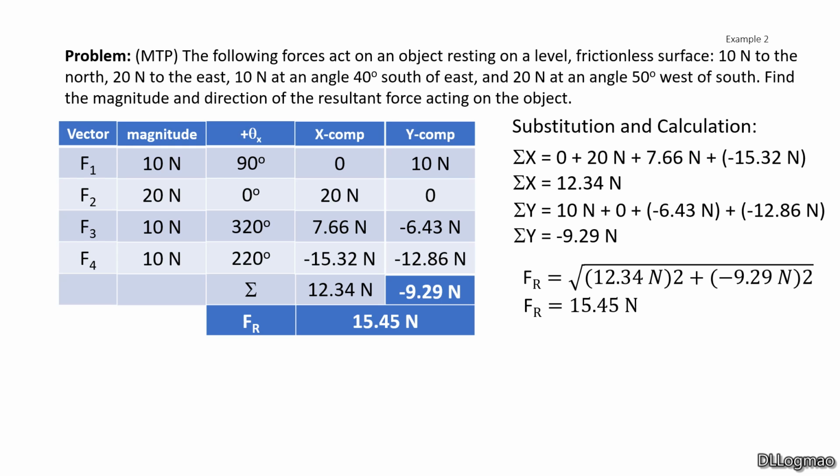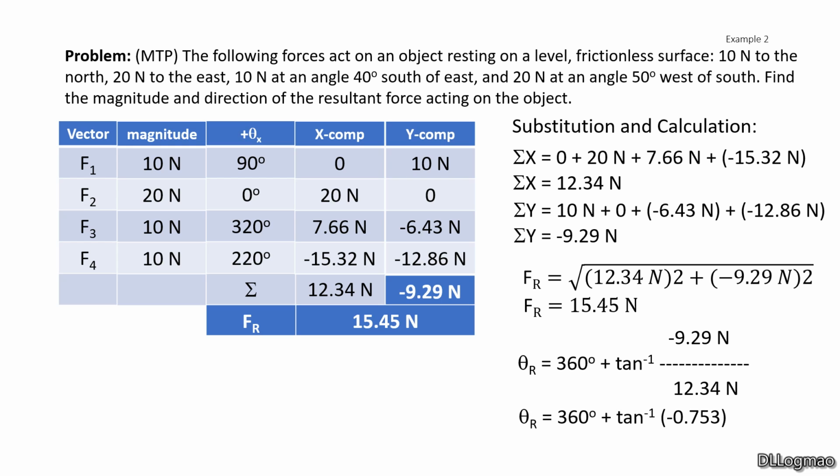In the fourth quadrant, the direction of the resultant vector theta sub r is 360 degrees plus the inverse tangent of the ratio between the sum of the y components, negative 9.29 newtons, and the sum of x components, 12.34 newtons. Theta sub r is 360 degrees plus the inverse tangent of negative 0.753.